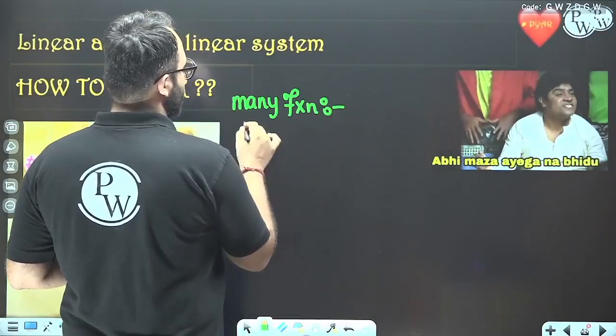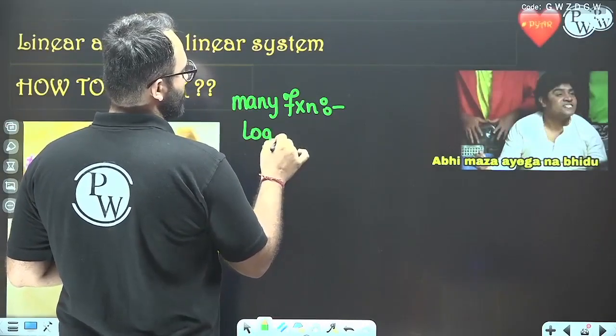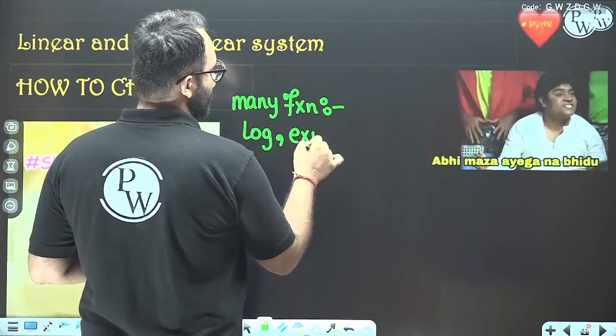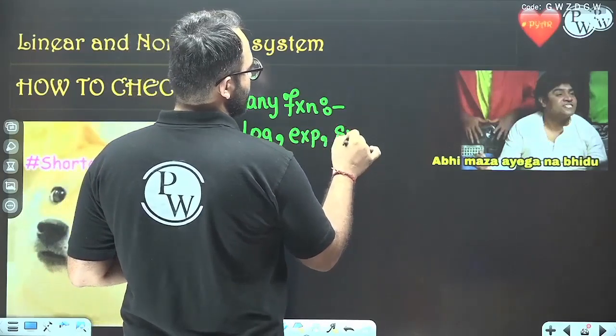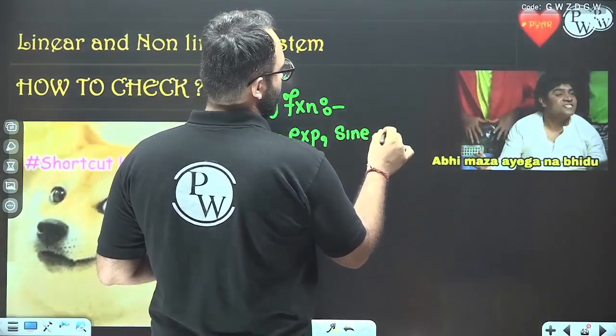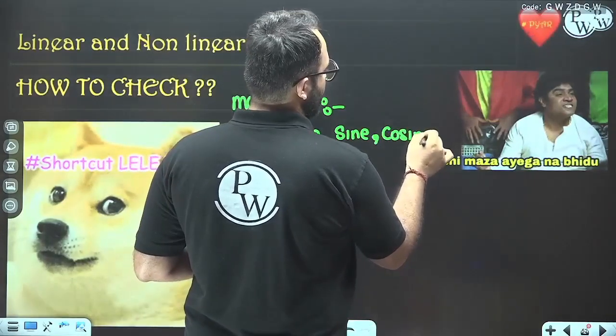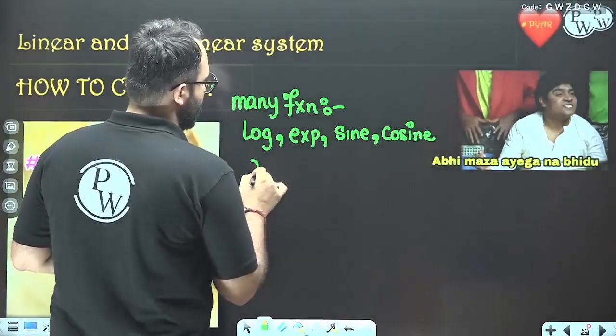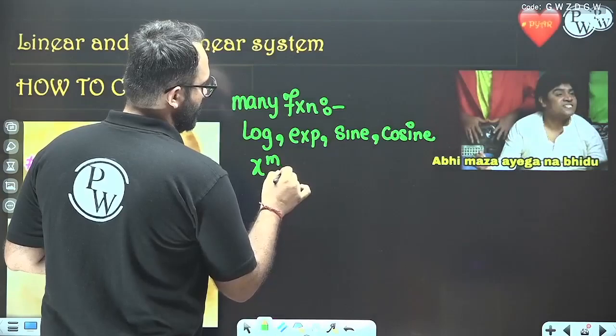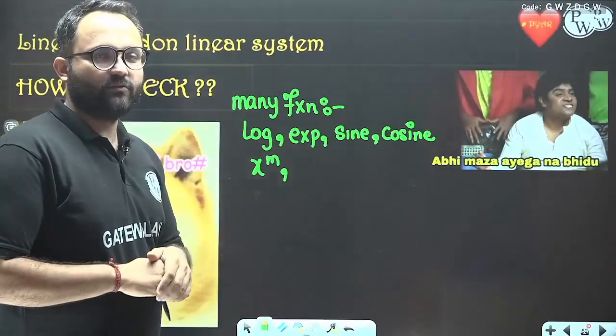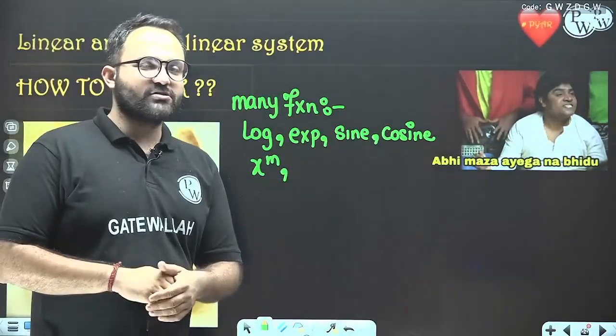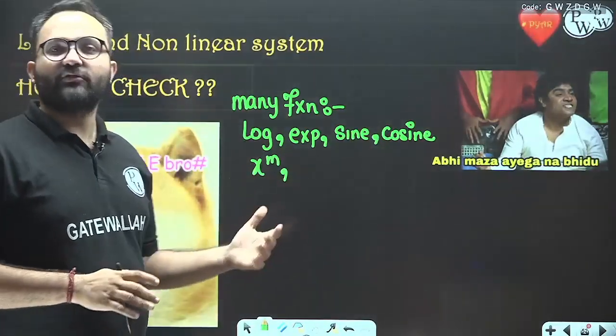For example, we know the log operation, the exponential operation, the sine function, the cosine function, and x to the power m. We know a lot of functions, and all of these are non-linear functions.